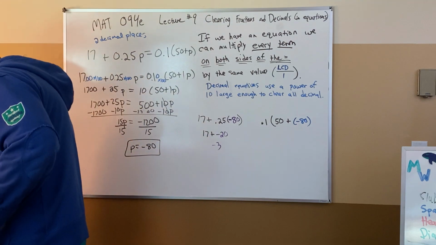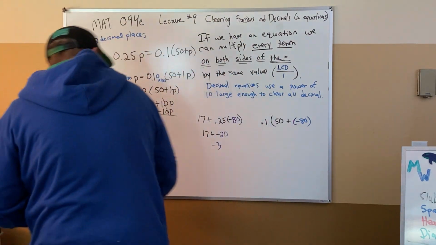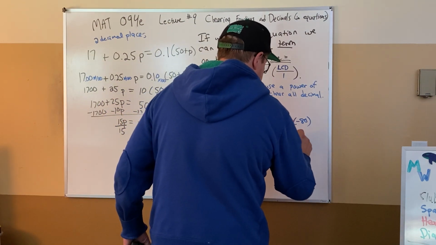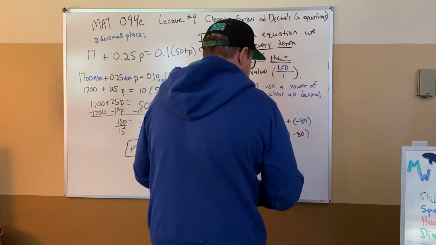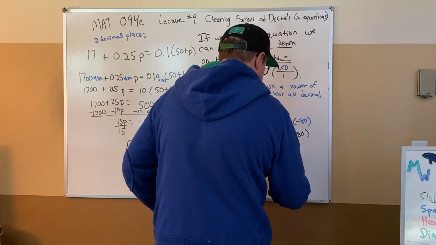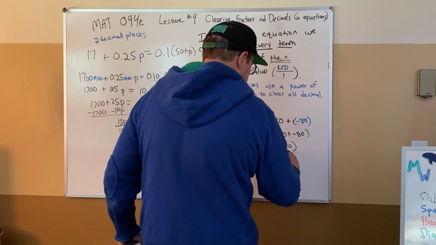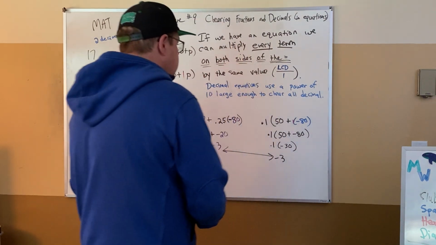To free the negative 80 from its parentheses, I have my 1, and we're ready. I like it. 0.1 times 50 plus negative 80. 0.1 times 50 minus 80, 80 minus 50 will get me a 30 strong on the negative. 0.1 times negative 30 makes negative 3, and the targets are the same, and it works.